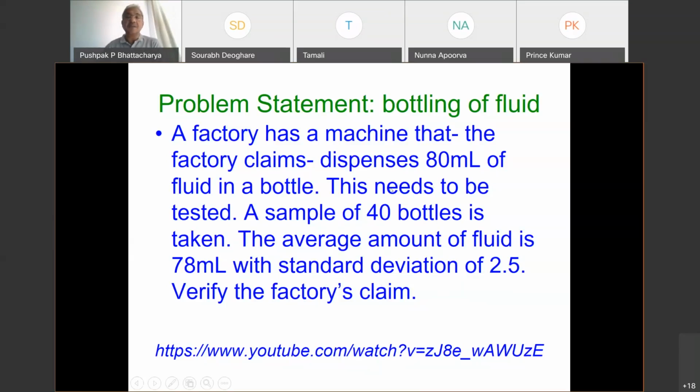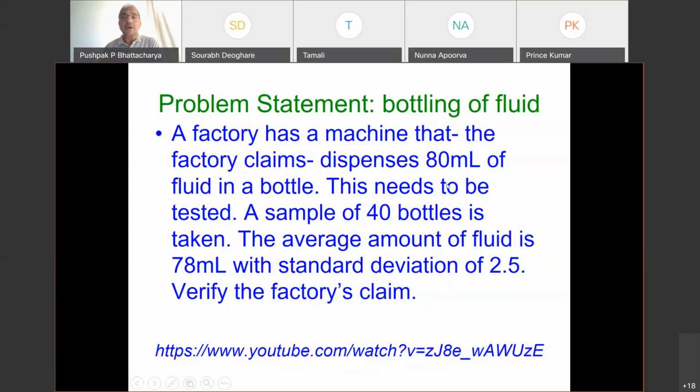Now, if the fluid is, let's say, some Coke or Pepsi or Miranda, and if the amount falls below or above 80 milliliter, then it is not as serious a situation as when the fluid is required, let's say, for saline for a patient. Okay, a medical or health situation would be much more serious than a sort of entertainment situation.